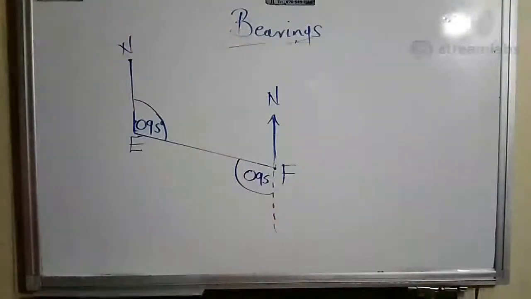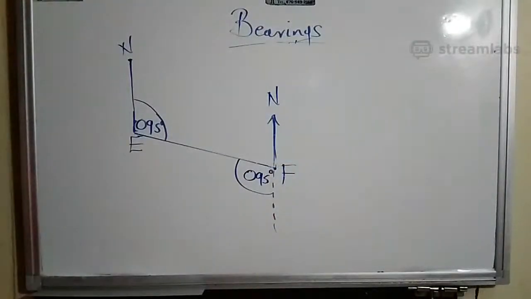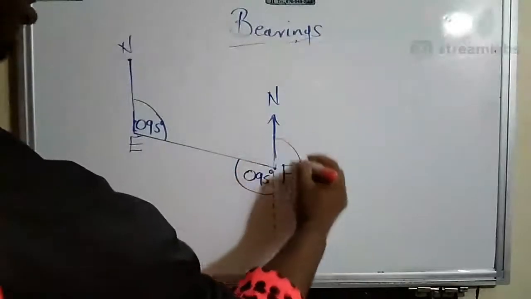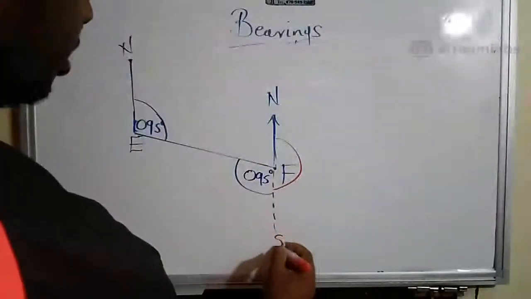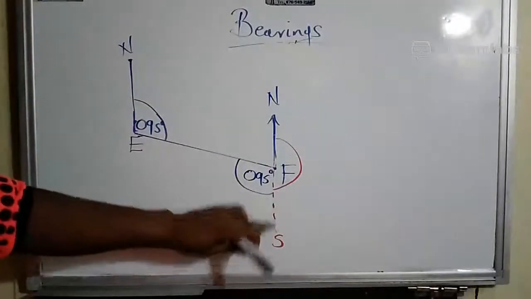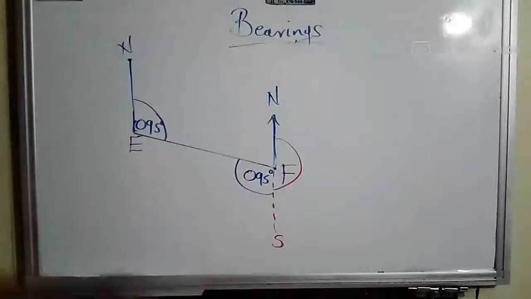Alright. So this is 95. But we're not finished, because from right here to right here, we can name this south, so people can see, okay, this is south. So from north to south is 180 degrees. That's one good little idea.